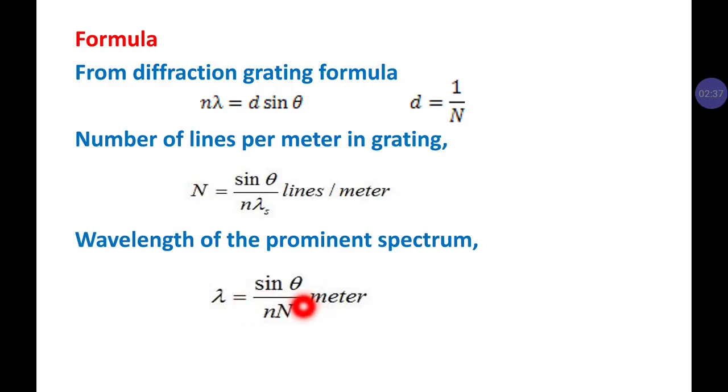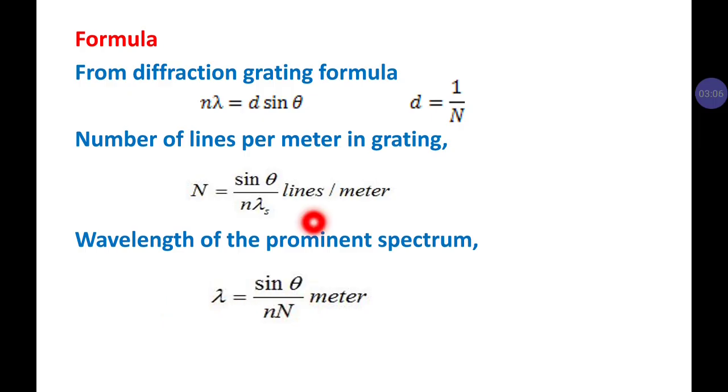And capital N is the number of lines per meter in the grating plate. We do not know the value of capital N, so we can calculate it in the first part of the experiment. That capital N can be substituted here to calculate the wavelength.